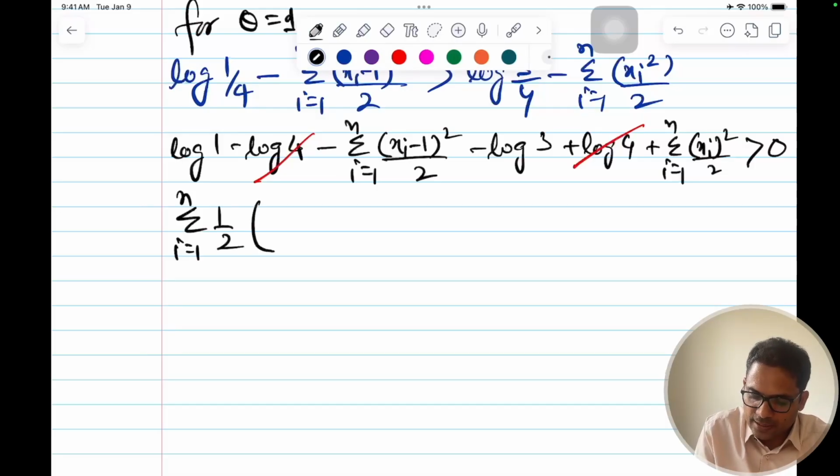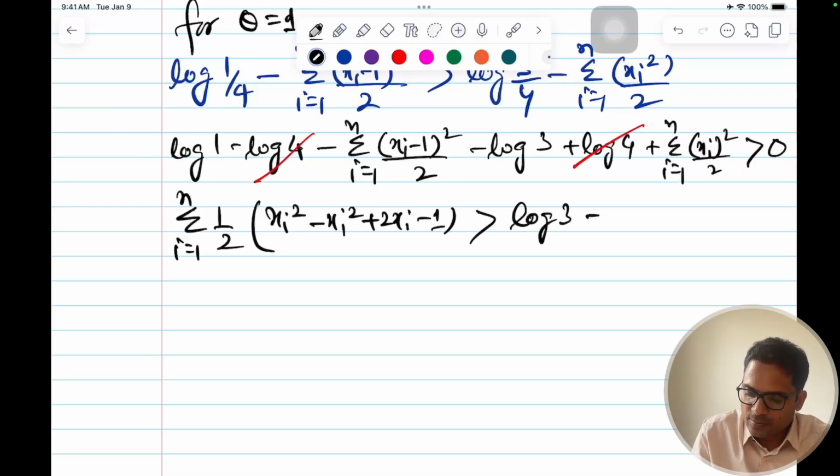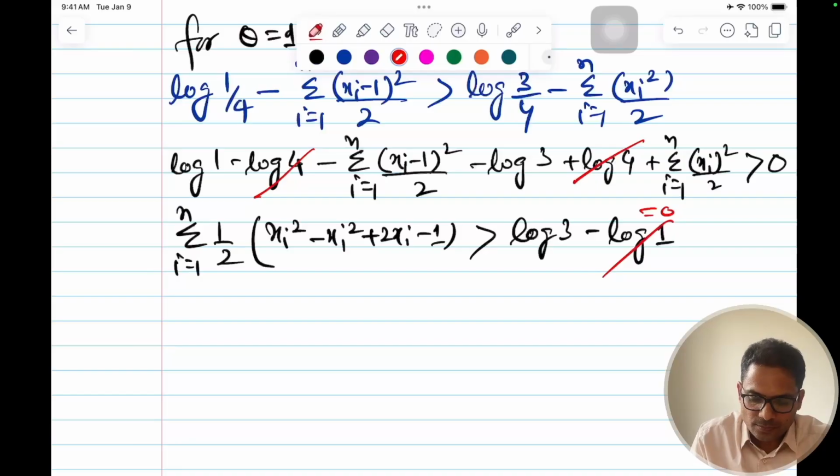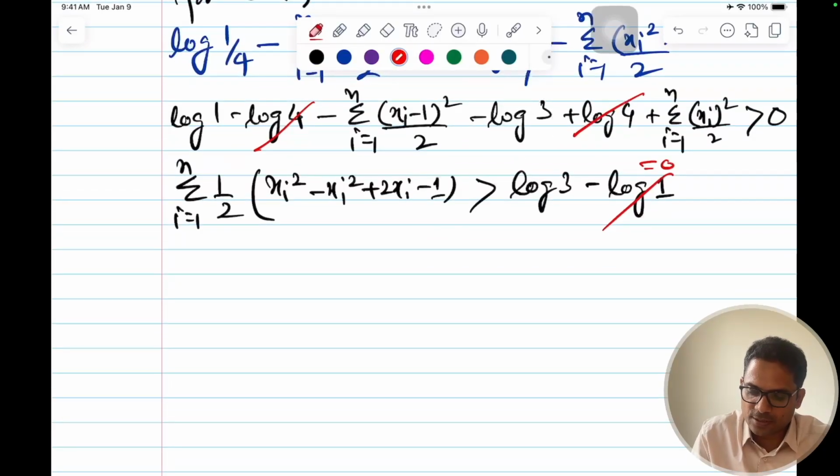Half I'll take common: xi square minus (xi square minus 2xi plus 1) is greater than, taking it to this side, log 3 minus log 1. Log 1 is 0, so we'll get rid of that. So this is greater than log 3.